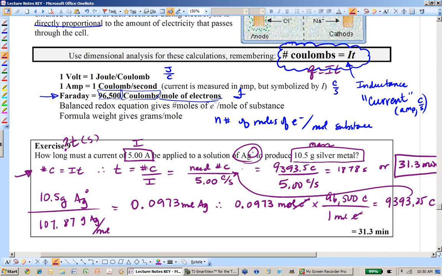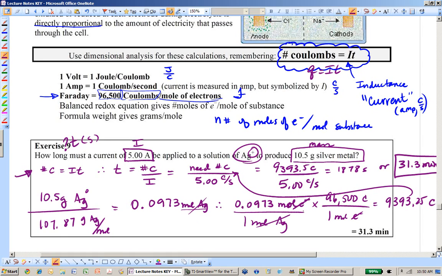And so I take the mass that they gave me and go to moles of silver. Realize that there's 1 mole of electrons for every mole of silver, so I could put 1 mole of Ag down here for the dimensional analysis purists among you.